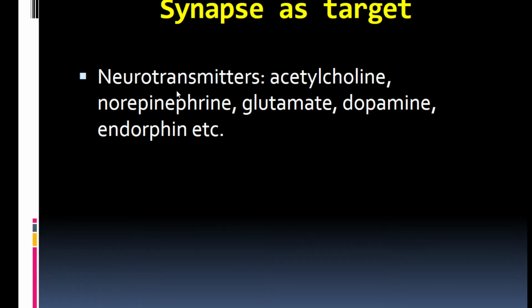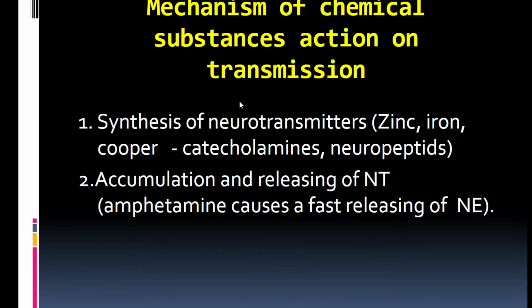For example, we have different neurotransmitters in synapses, and in the mechanism of transmission of excitation, different factors can influence the synthesis of these neurotransmitters, such as heavy metals like zinc, iron, copper.